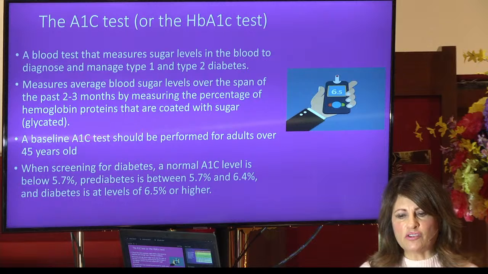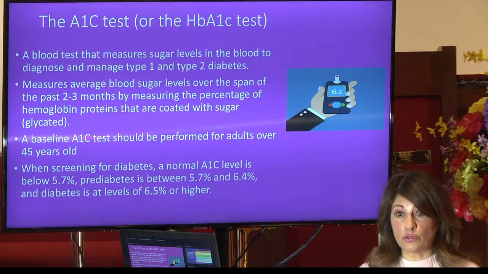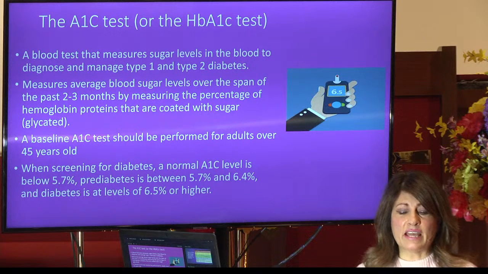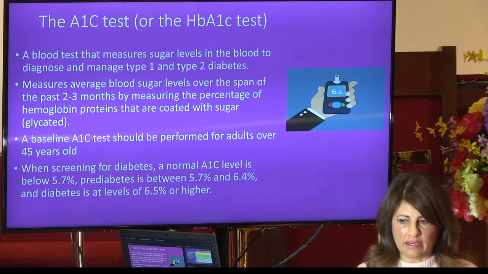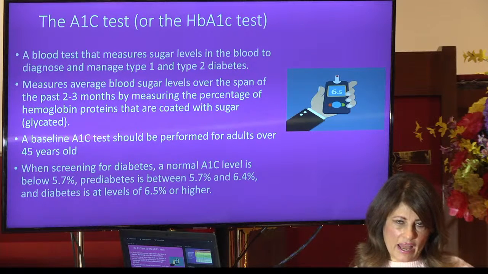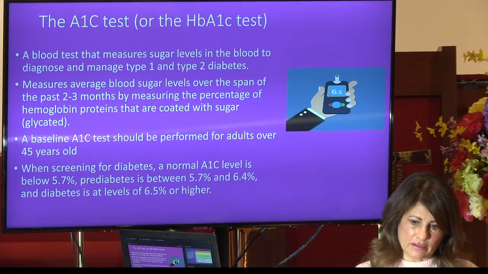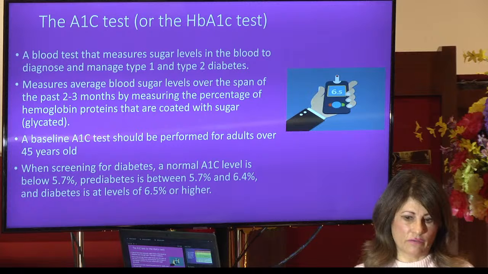It measures the average blood sugar levels over the span of the last 2 to 3 months by measuring the percentage of hemoglobin proteins that are coated with sugar. It's called glycated. So they can look back and see what your sugar has been for the last 2 to 3 months.